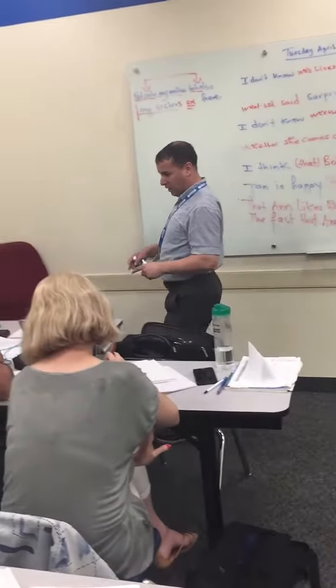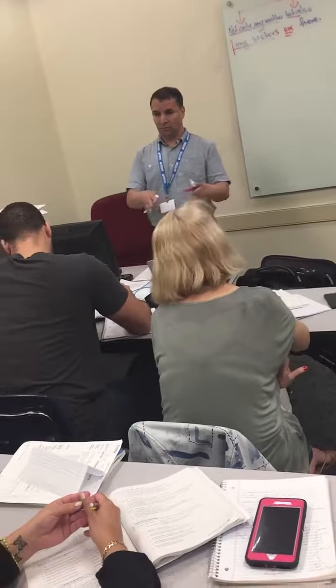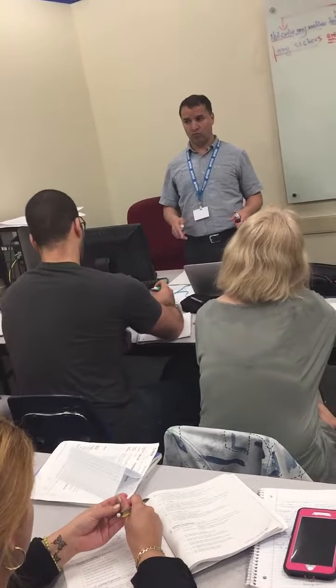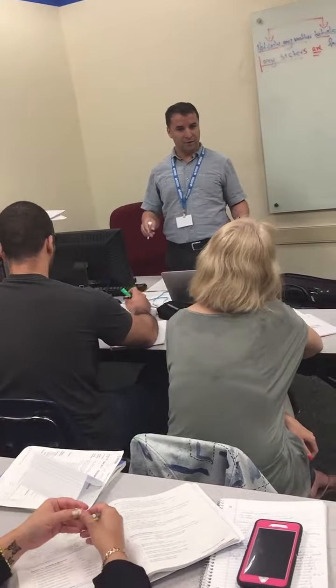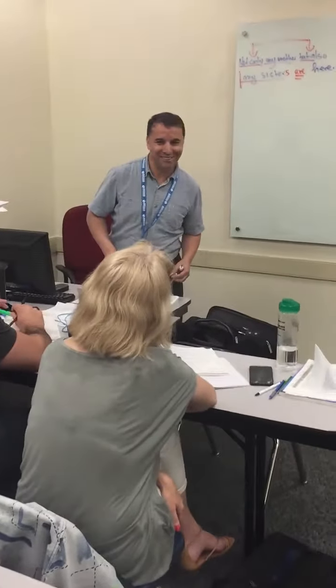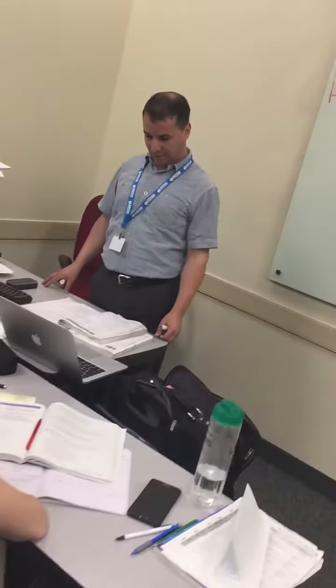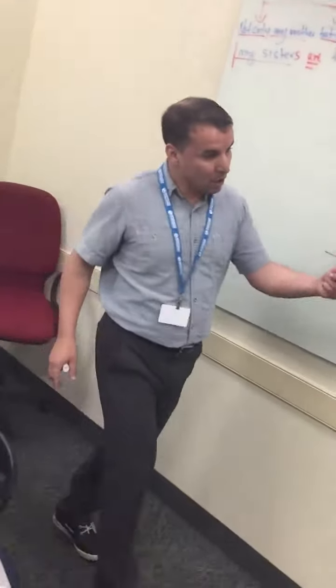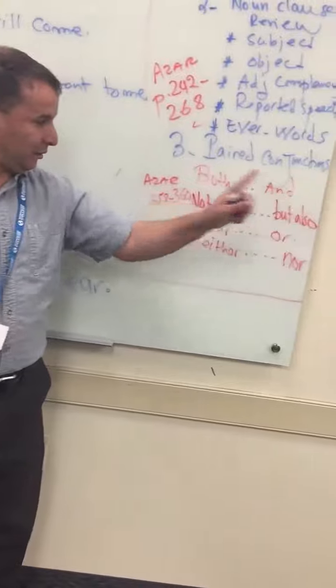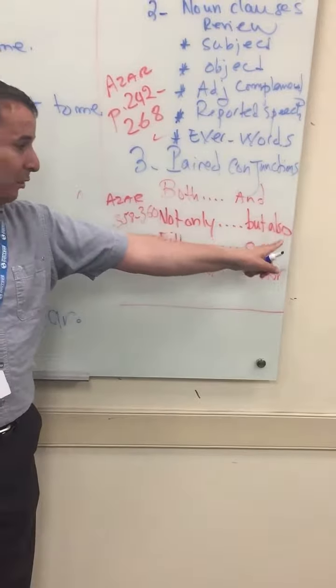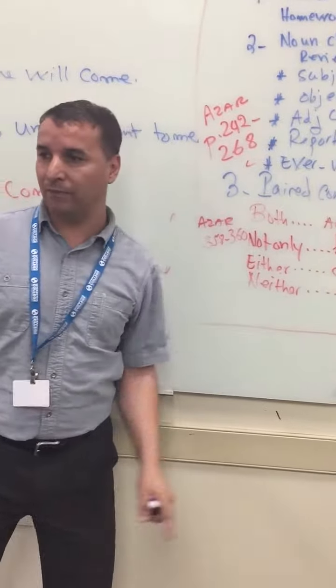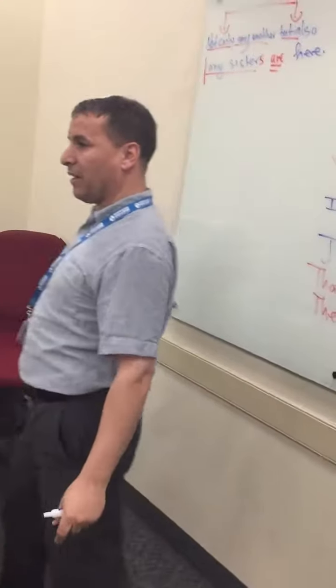Okay? Any questions about these paired conjunctions? Okay? Can you guys think about some examples? I need a couple of examples using both and, not only but also, either or, neither nor. Can I get some volunteers to give me some examples?